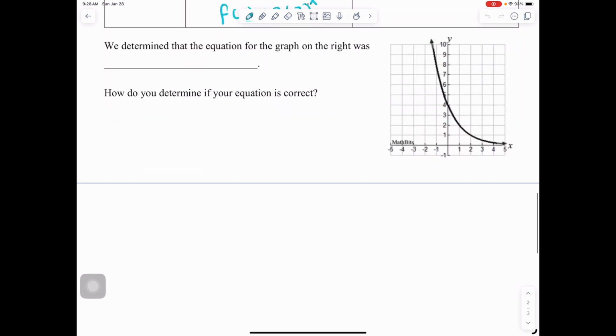So very similar to what we did at the end of our lesson when we were writing linear equations, I have here at the bottom that we determined that the equation for the graph on the right, this is the one we started with, was f of x equals 4 times 1/2 to the x.